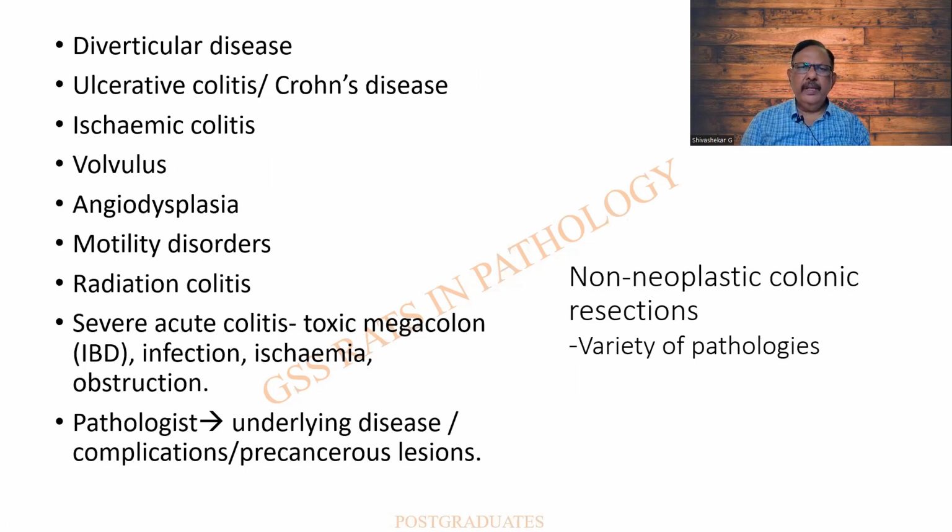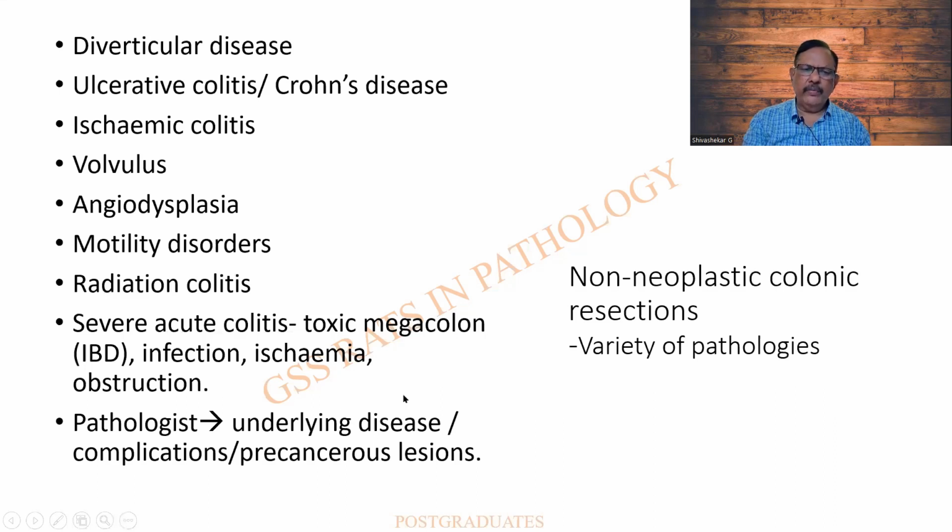And when we examine a specimen of a colon, always have other things in mind. We will be asked, there can be a diverticular disease, Meckel's diverticulum, inflammatory bowel disease, ischemic colitis, there can be partial gangrene, volvulus, angiodysplasia as possible, motility disorders, Hirschsprung's disease in the case of a child, radiation colitis, a toxic megacolon, again a complication of ulcerative colitis.